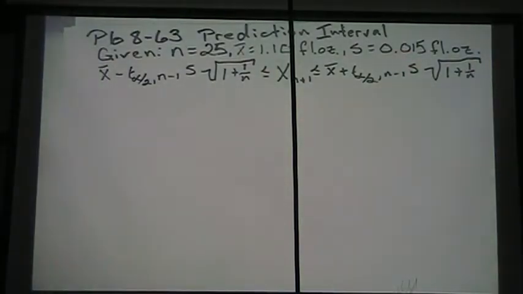All right, well, what do we not have? We do not have our t alpha with n minus 1 degrees of freedom.